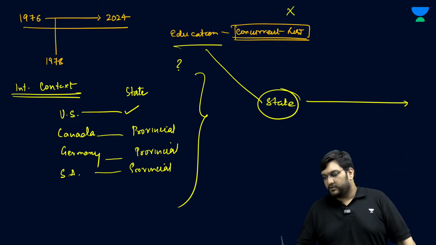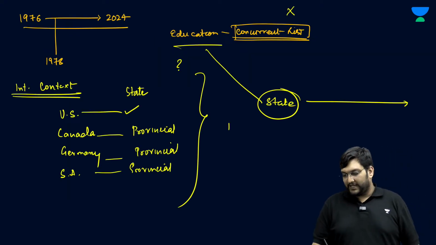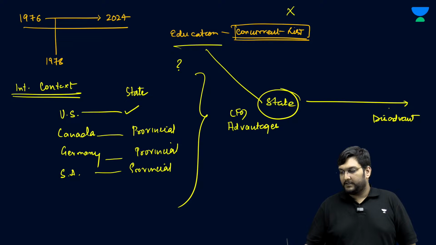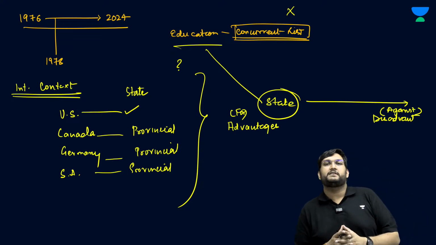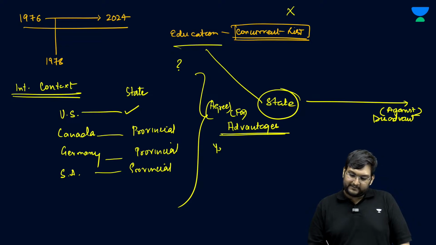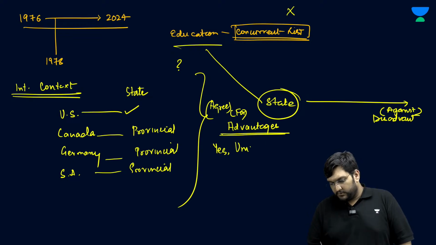Now, based on this, we have to have two discussions. First, what are the advantages and what are the disadvantages, meaning for and against. Should education remain within the concurrent list? Advantage, where we have to agree: yes, it should, because that allows for uniformity.